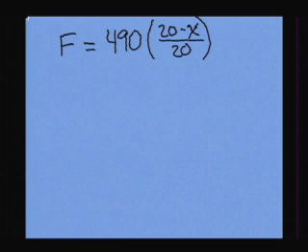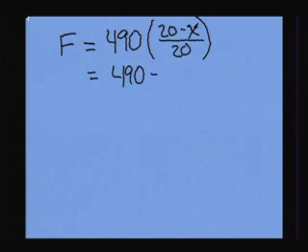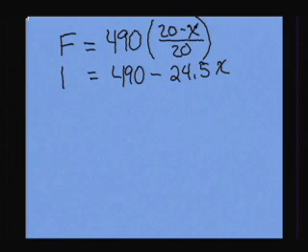And at the beginning, when the bucket is on the ground, x would be 0, and we would have the full 490. So that's the expression. Let's simplify that a little bit. That would equal 490 minus 24.5x. And so that would be the force of lifting the water.